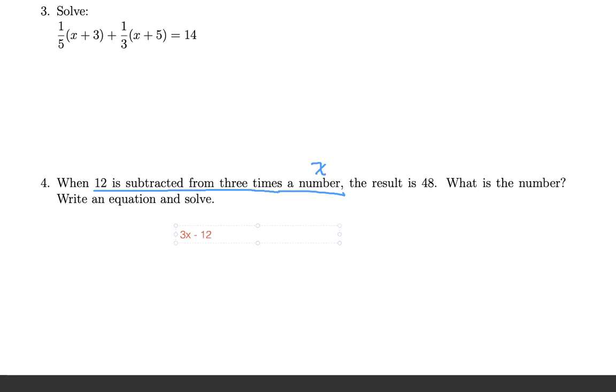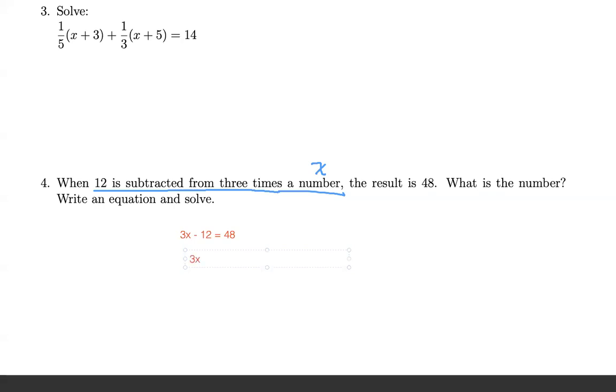Subtract 12 from it, that's 3x minus 12. The result is 48. 'Is' means equal to. What is the number? So we have this equation, right? So now we just need to solve this equation.